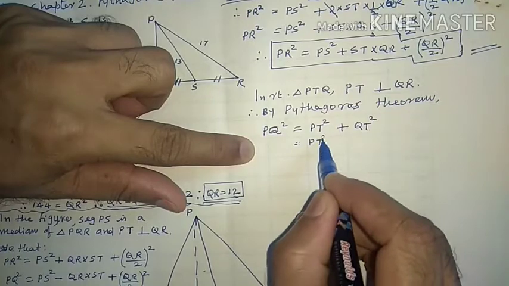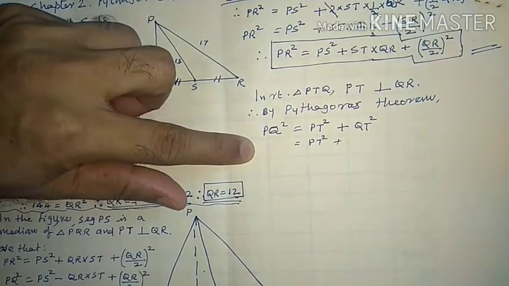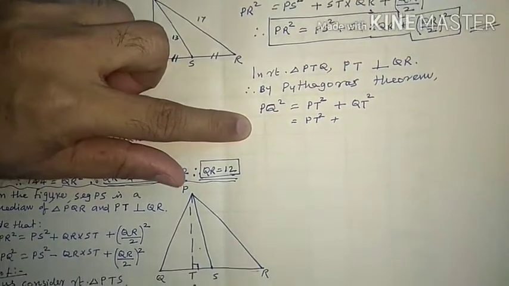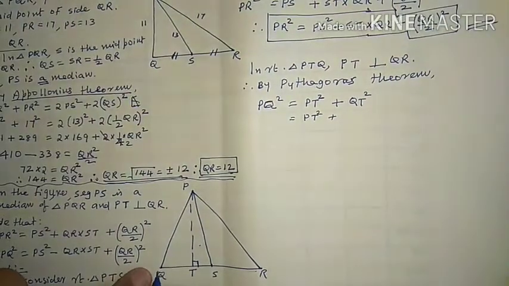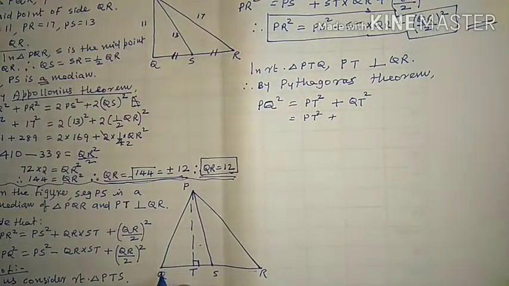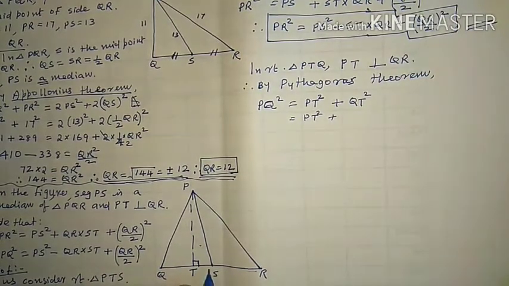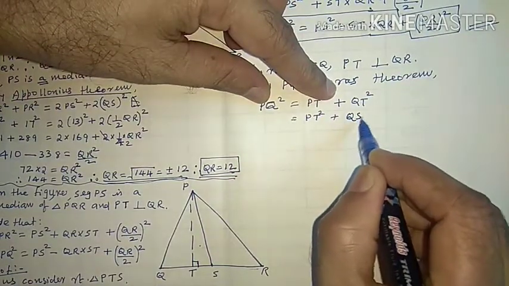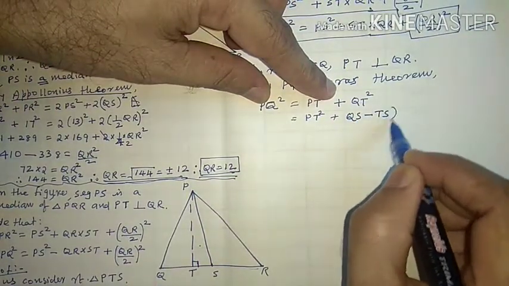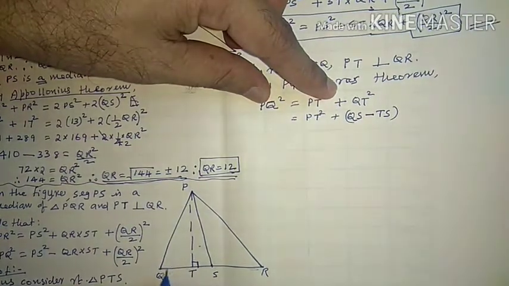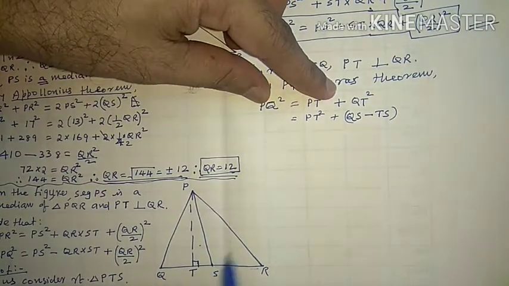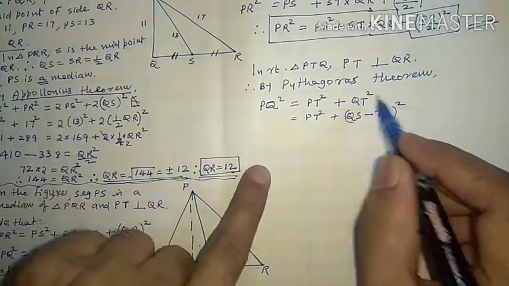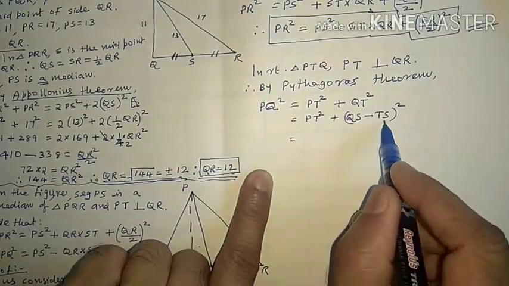Now this is PT square plus, see, QT we can write as QS minus TS. To the QT we add TS so that QT plus TS is QS. We add TS means subtract also TS. So QT is QS minus TS, but the whole square is there. Now here we write A minus B whole square form.